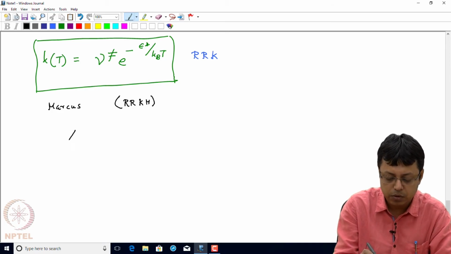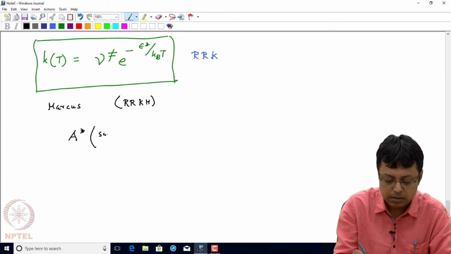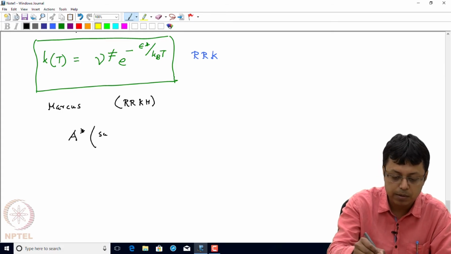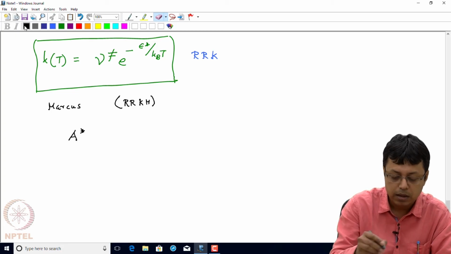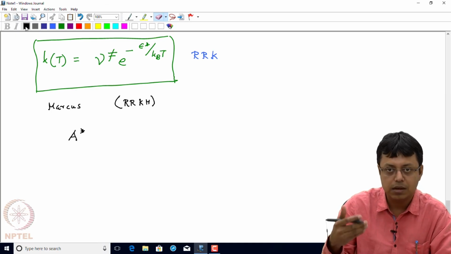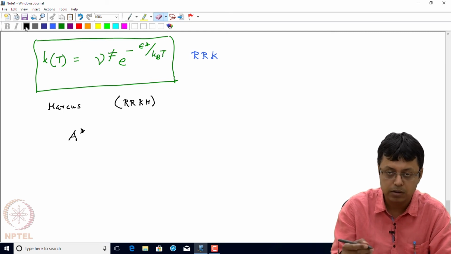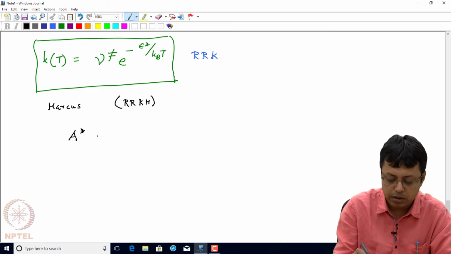He said that okay, fine, up to RRK you are assuming that I have an A star, and I calculate the probability that one particular degree of freedom has an energy at least equal to or more than this m quanta or E star energy, and that is giving you the reaction, that is giving you the products.